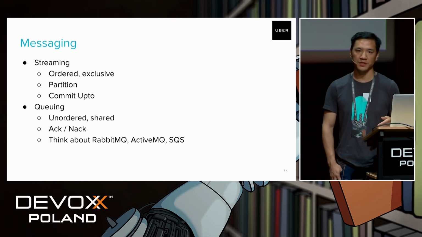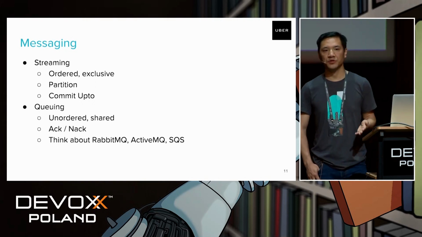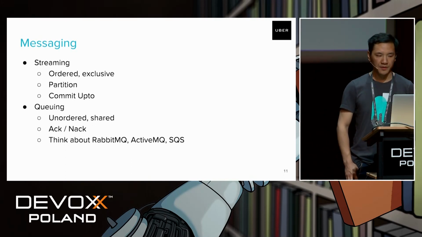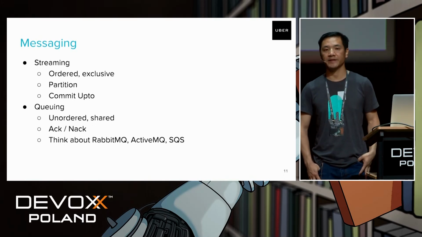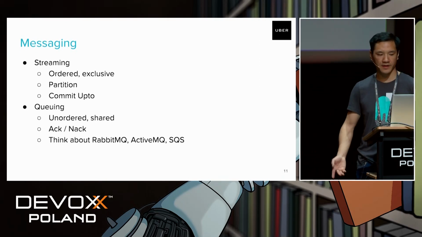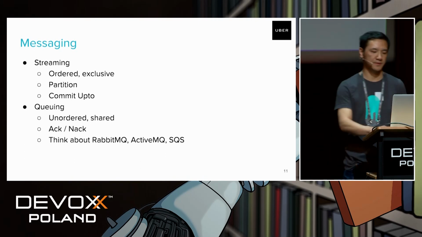So if a message is consumed by one consumer, that message should not be delivered to another consumer. And usually, it needs nack support. Think of RabbitMQ, ActiveMQ, or Amazon SQS.